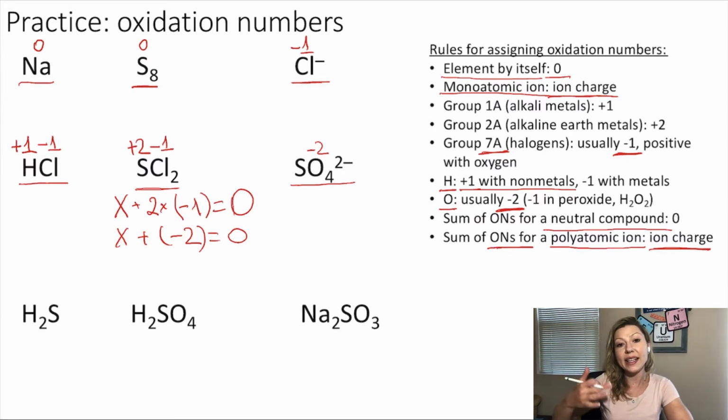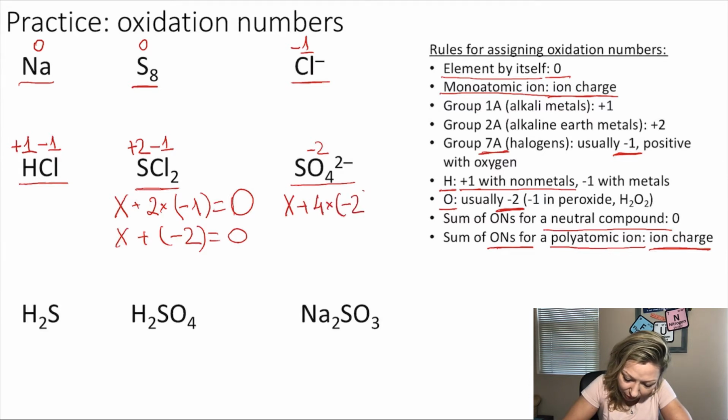So again, I can say that the oxidation number of sulfur is X. So X plus 4 times -2 should equal the ion charge, which is -2 again.